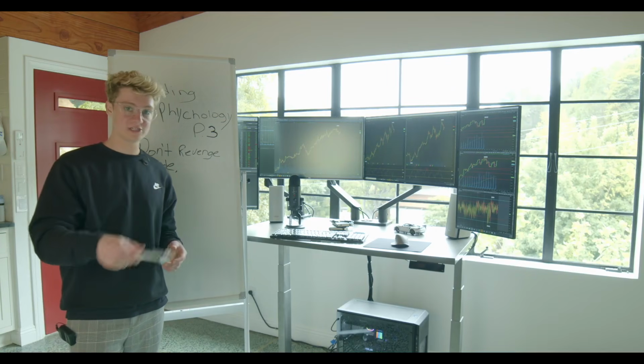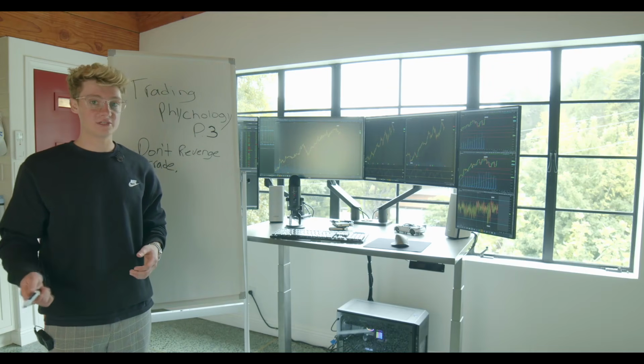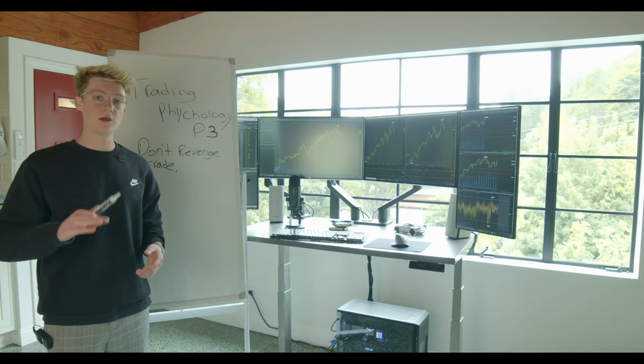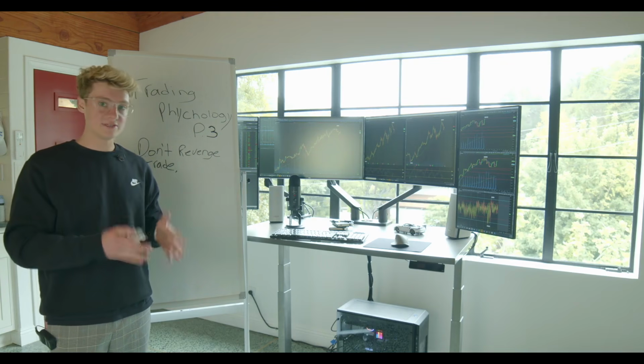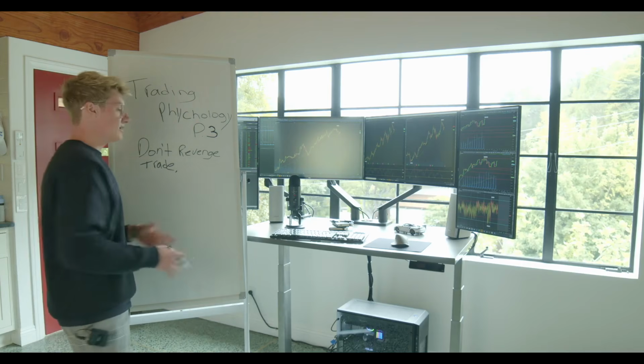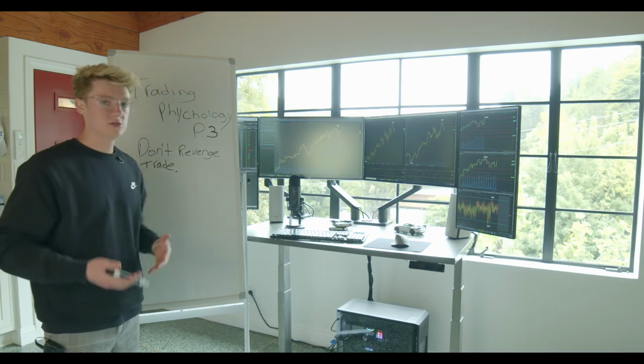So don't vary position size based off of your confidence within the trade. I wouldn't say vary position size at all. Again, we're going for consistency, so stick to one position size. So don't revenge trade.